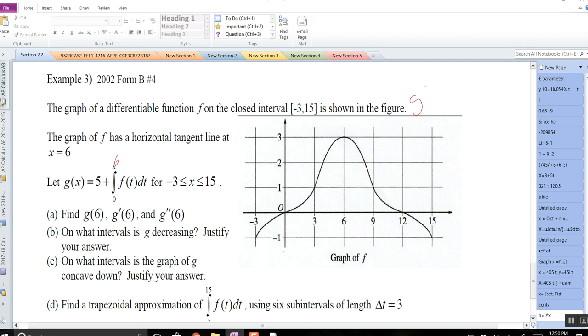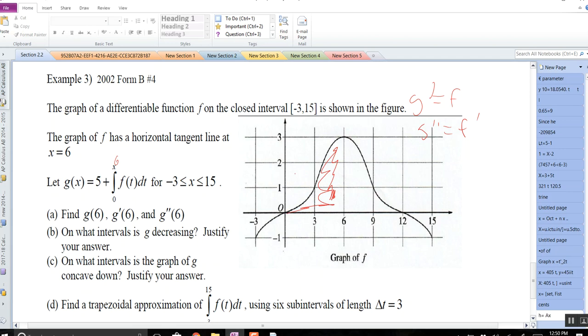And remember, G prime is just going to be f, just plain old f. G double prime is f prime. So you plug 6 in, we're just finding the area. And we're starting at 0. So wherever that is.